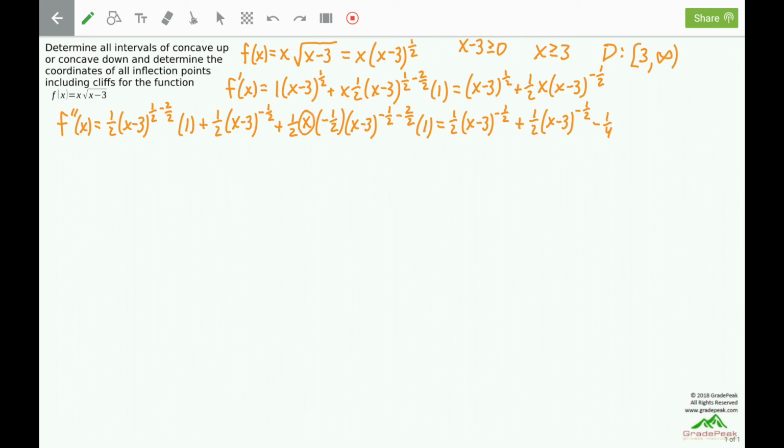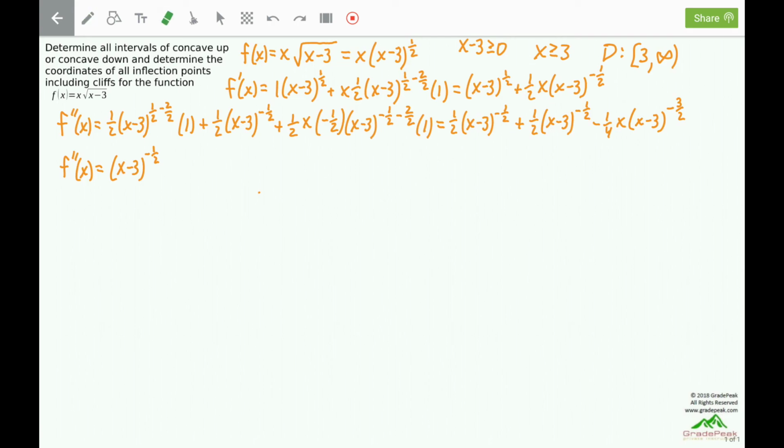We have an x, and there will be an x minus 3 to the negative 1 minus 2, negative 3/2 power. The first and second terms are both x minus 3 to the negative 1/2, so we can combine those by adding their coefficients. 1/2 plus 1/2 is 2/2, or 1, times the x minus 3 to the negative 1/2.